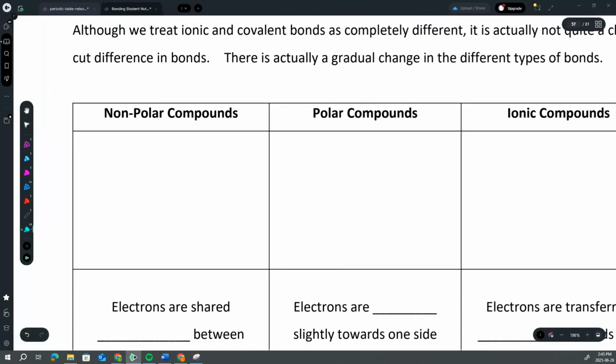Okay, so if we're talking about nonpolar compounds, an example of that would be something that's diatomic, or something that has two atoms of the same element in it.